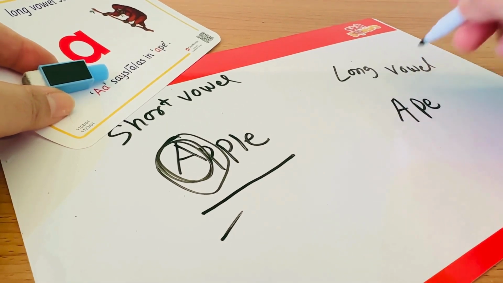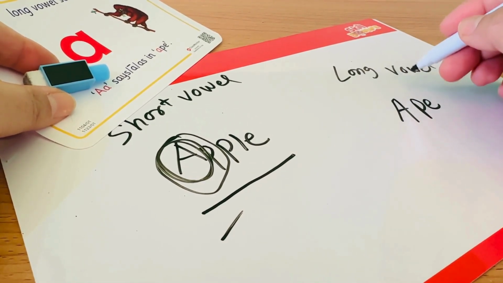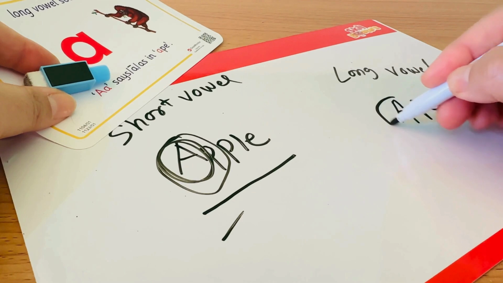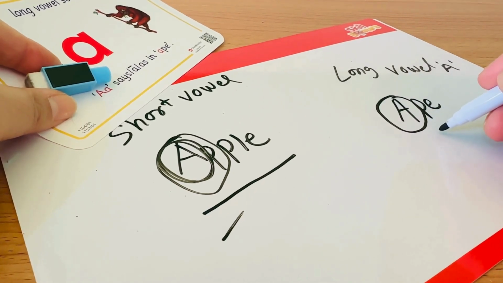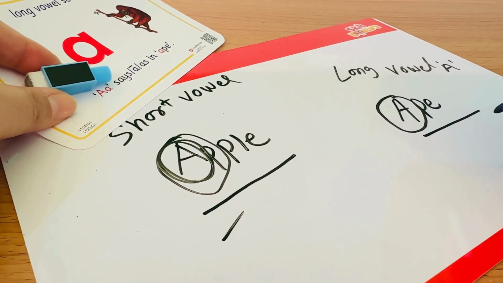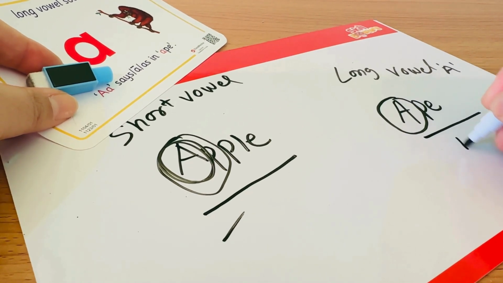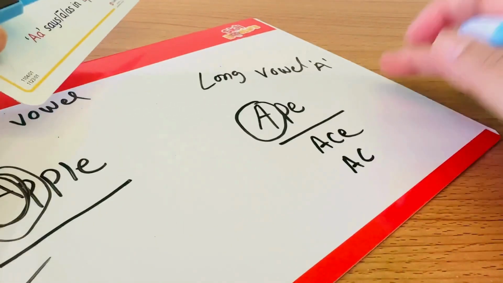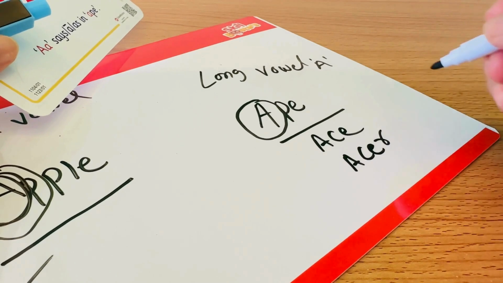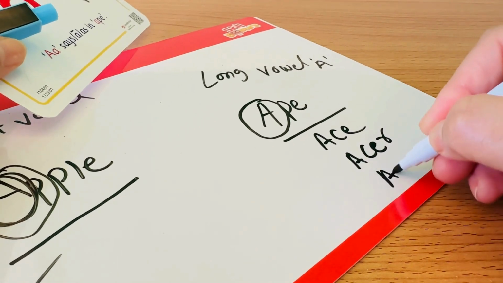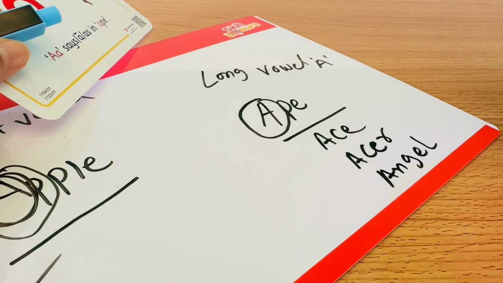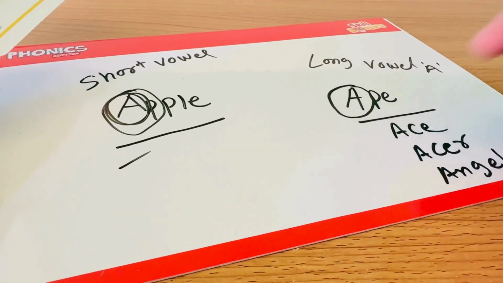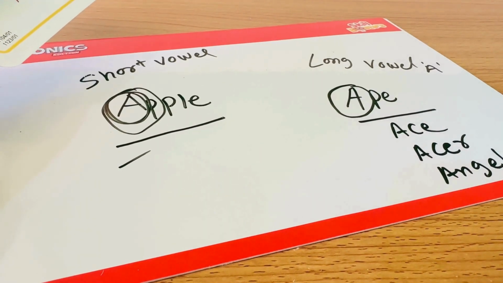Now when we say long vowel letter A, we are putting pressure on letter A. It's like ape, ace, acer, angel. I hope the sound of short and long vowels are clear now.